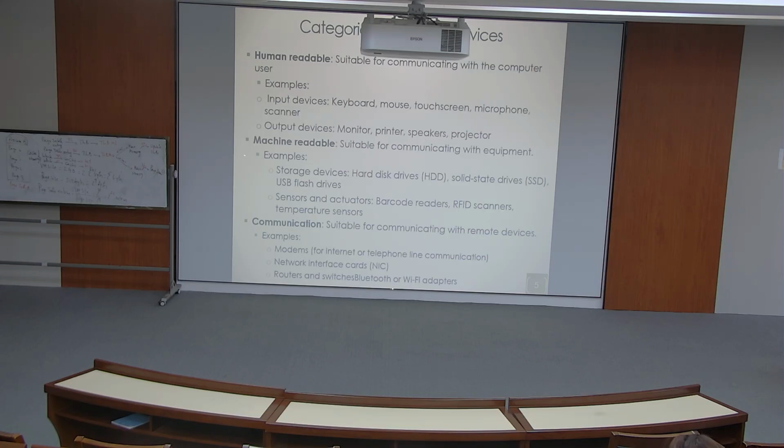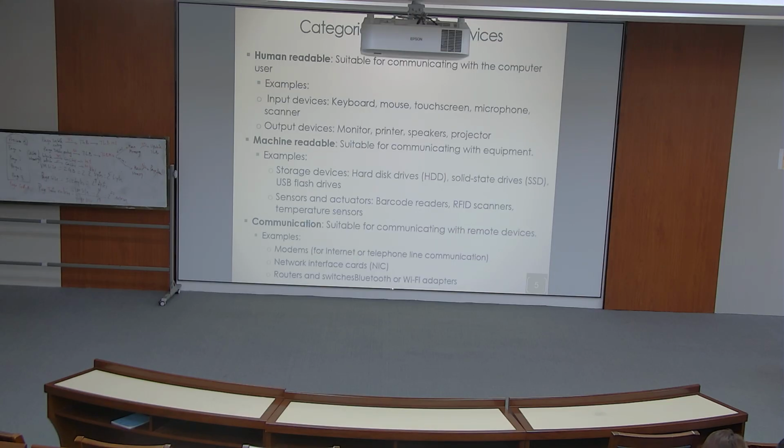We can also have another example for machine-readable: sensors, barcode readers, RFID scanners, temperature sensors, and so on and so forth. All these examples belong to the category of machine-readable external devices.